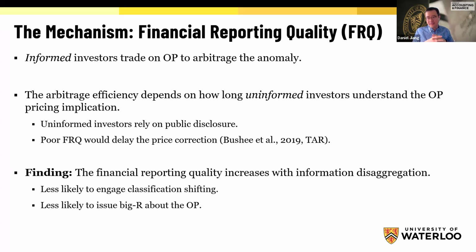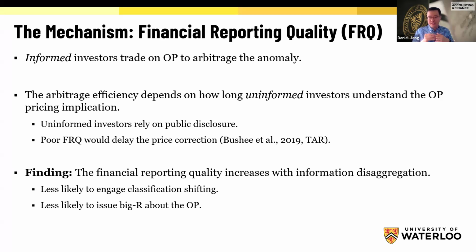Since the uninformed investors mainly rely on the firm's public disclosure, the disclosure quality therefore plays a role in the price correction process. Prior studies such as Boucher et al. 2019 in The Accounting Review find that poor financial reporting quality actually reduces the arbitrage efficiency and delays the price correction.